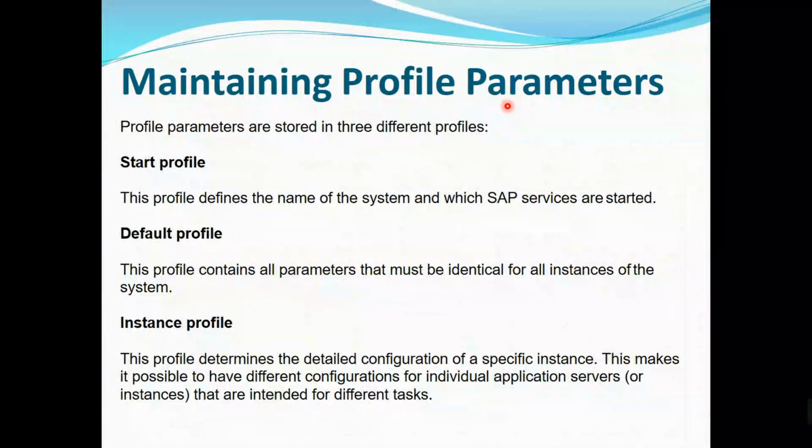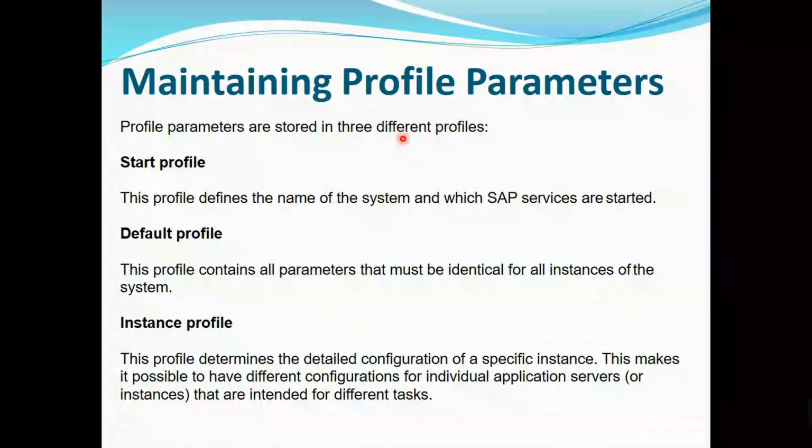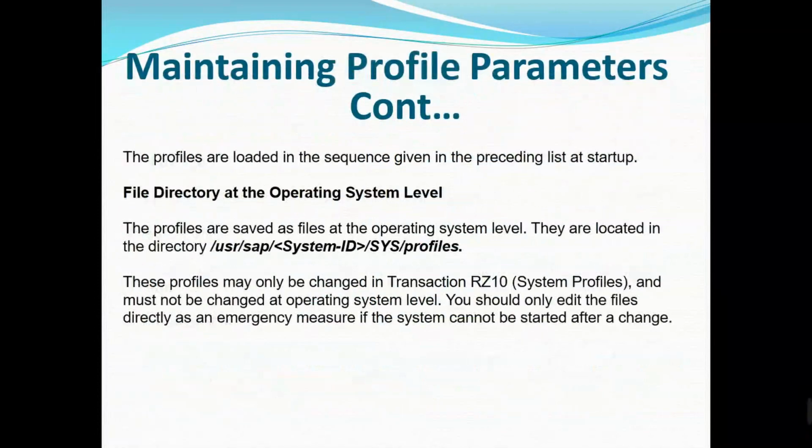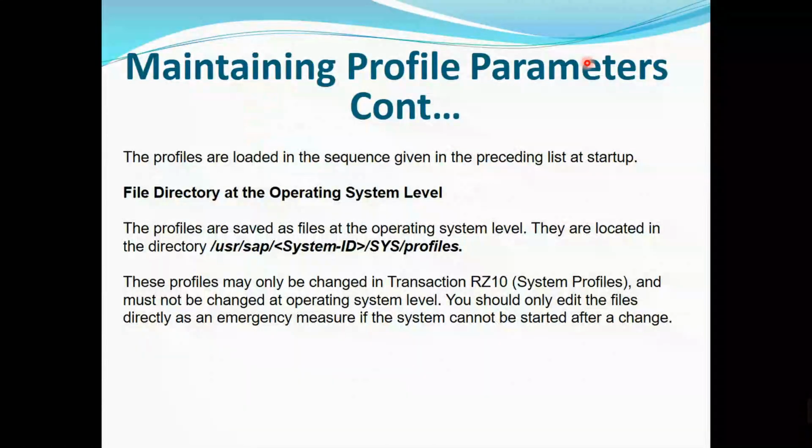Now there is one more important thing, the profile parameter. As we know, we have three profiles: start profile, default profile, and instance profile. So accordingly, the profile changes when we change the operation mode. And how is the profile parameter maintained? This is the file directory at the OS level: usr, sap, SID, then sys, then profile.